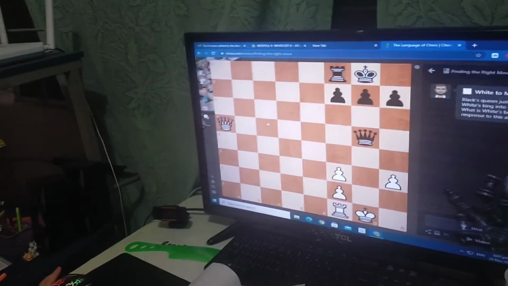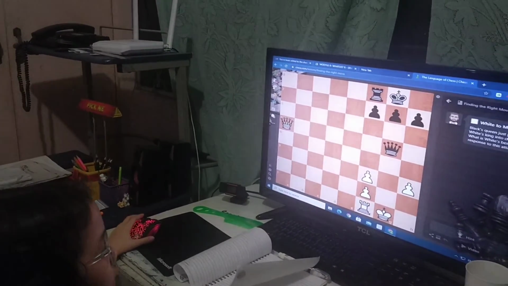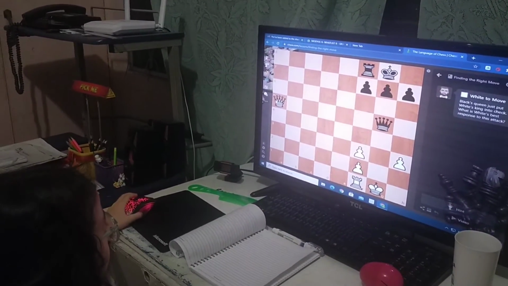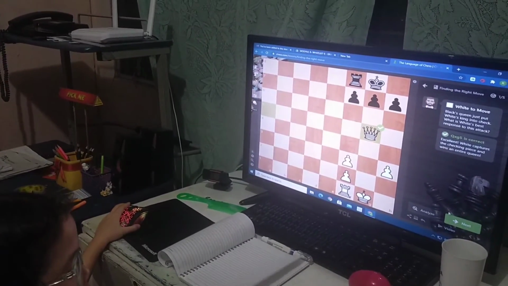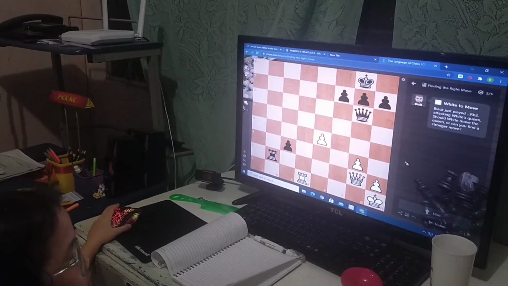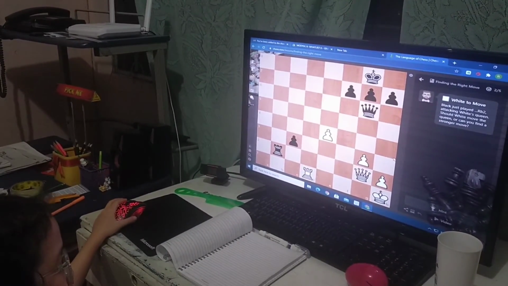Okay, kakainin. Ano daw gagamitin mo dyan? May free piece. Blunder ata ang ano niya yan. Find the right move. Yan, blunder ata yan. Skip mo eh. Yan, next. Okay, merong checkmate. Hanapin ang checkmate.